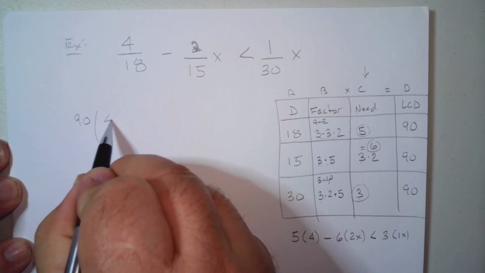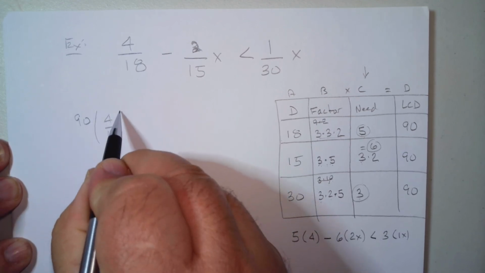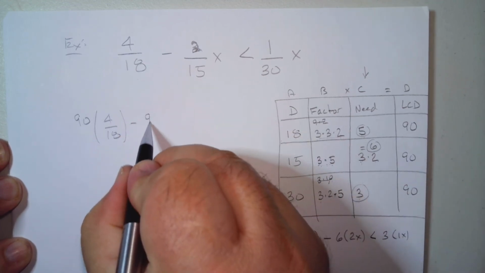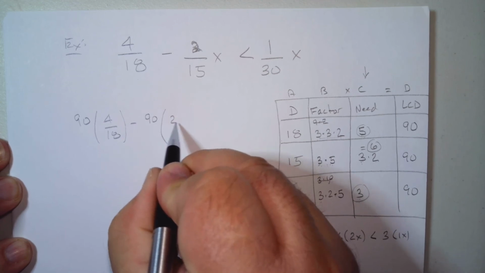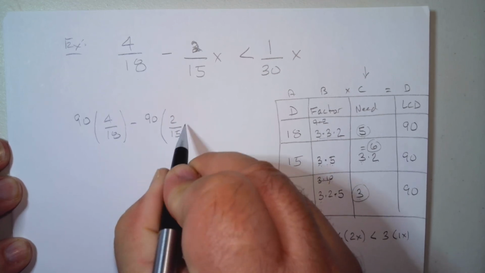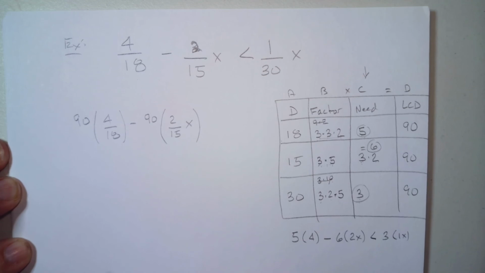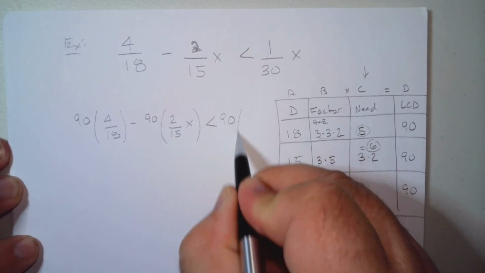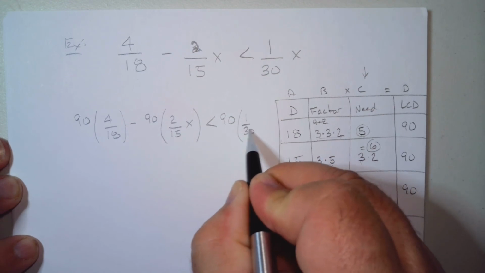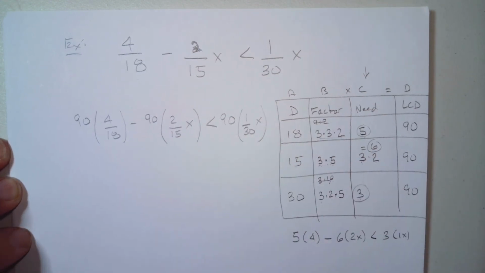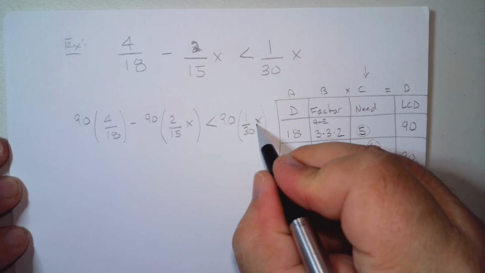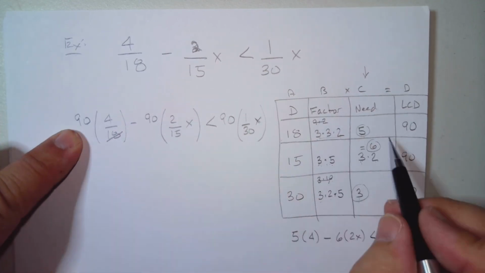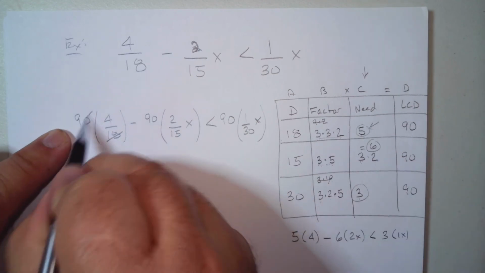90 times 4 over 18x. Now we have to put the LCD in front of each term. 90 times 2 over 15x, less than 90 times 1 over 30x. How many times does 18 go into 90? 5 times.